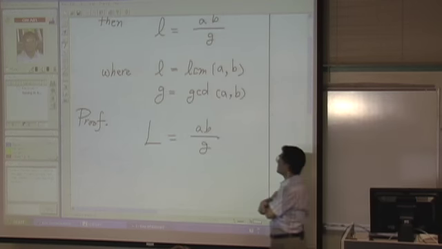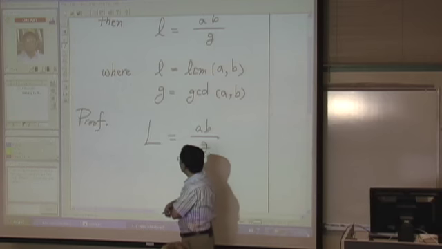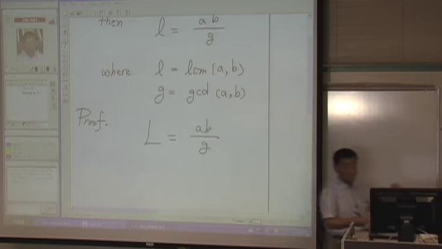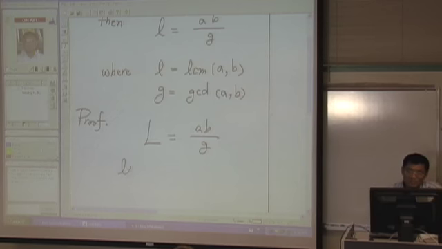And the next thing that I tried to show was that it is the least number possible among all common multiples.